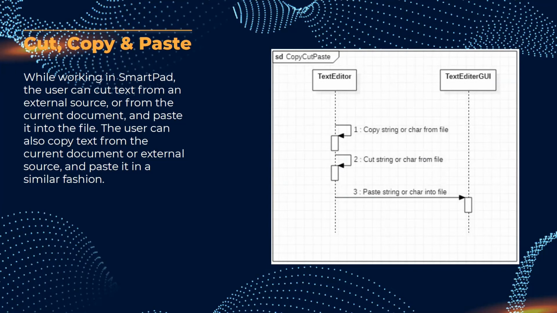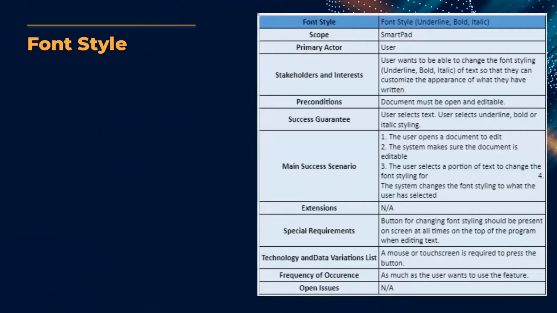The user is also cutting a string or character from the file that they're currently working in and pasting it back in if you were to paste it in a different location. And then the user is also using any copied or cut strings or characters and pasting it into a file.